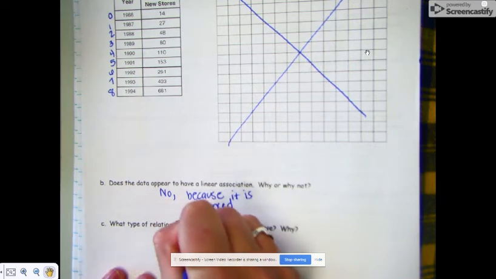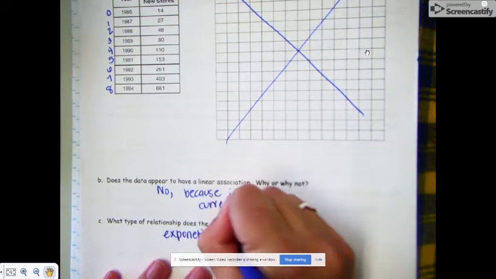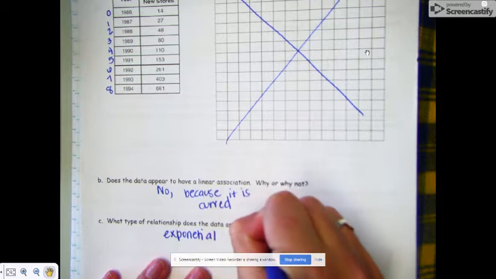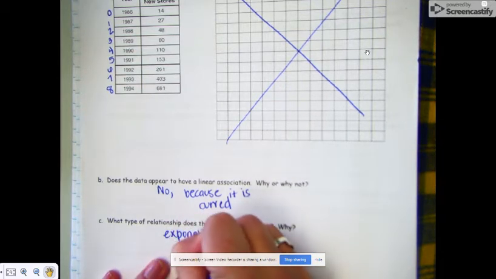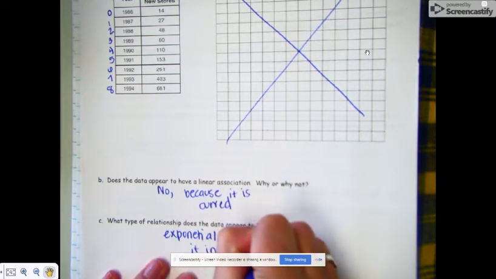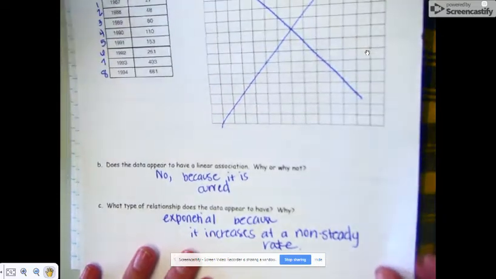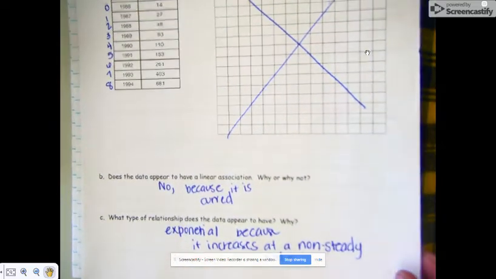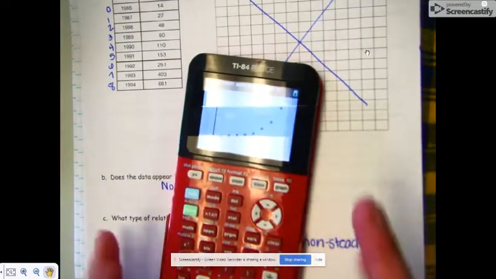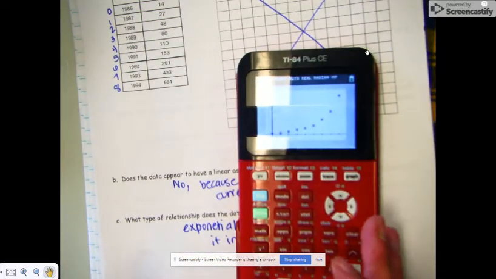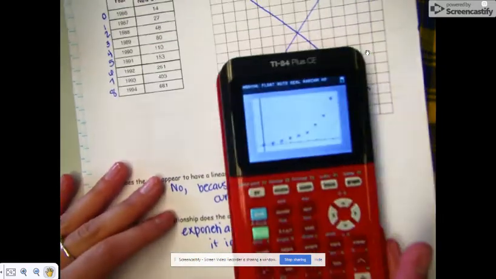Exponential, because it increases at a non-steady rate. Okay, so that is the first page, and you can always use this to tell where your data is going toward. Are you leaning more towards linear, exponential, quadratic, etc.?